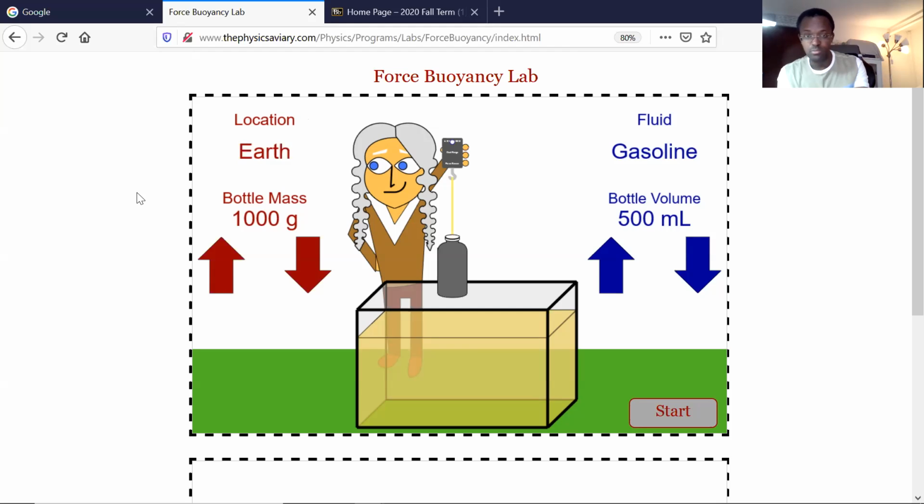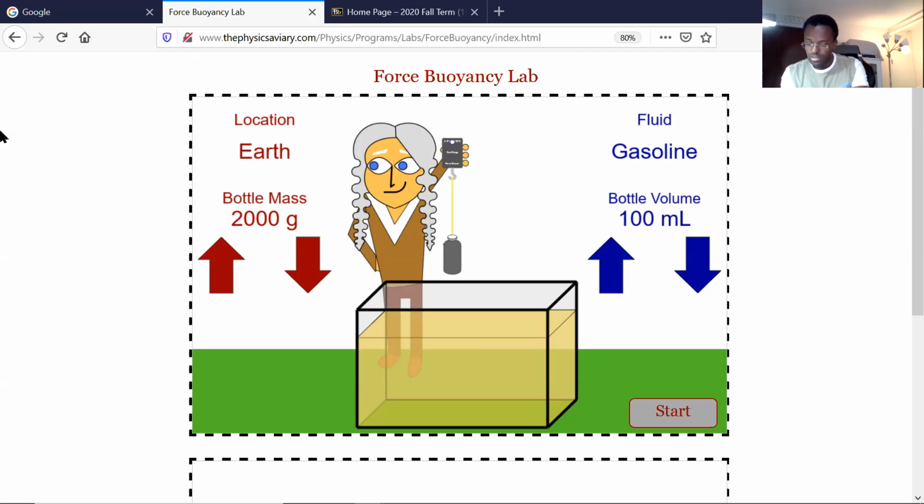The bottle volume must be 100 milliliters. Let's decrease the volume to 100 milliliters. And the mass is 2,000 grams. We have to increase the mass to 2,000 grams. Then we have to start the first trial and allow 16 seconds to elapse before we read off the values on the graph.